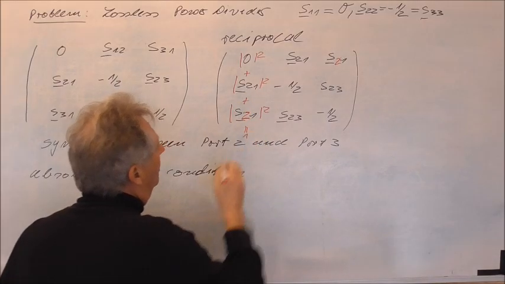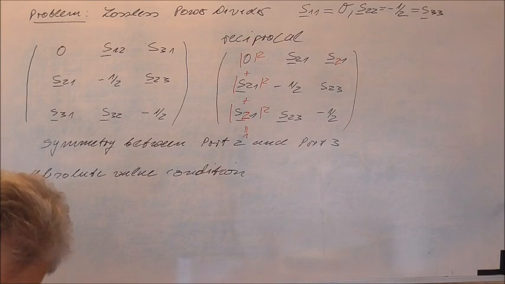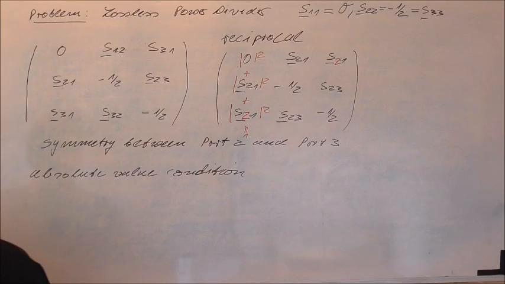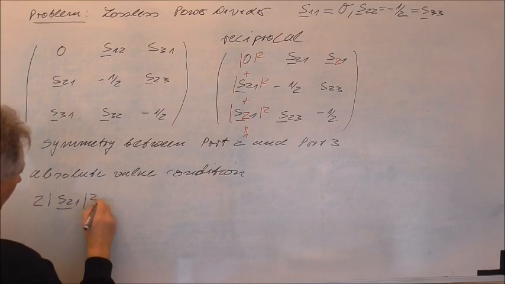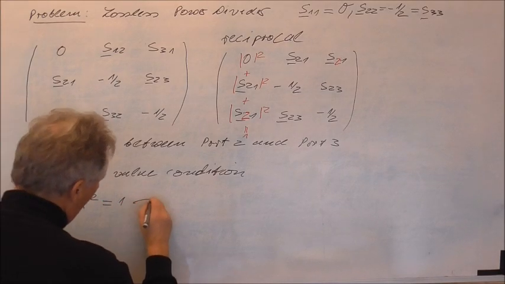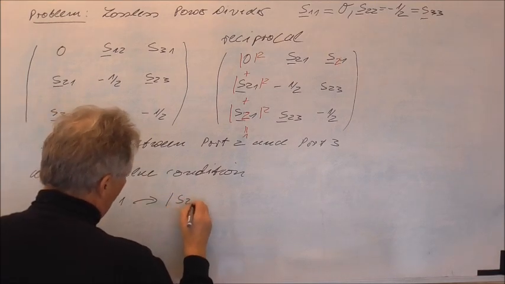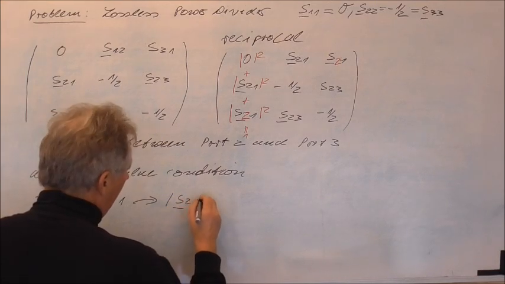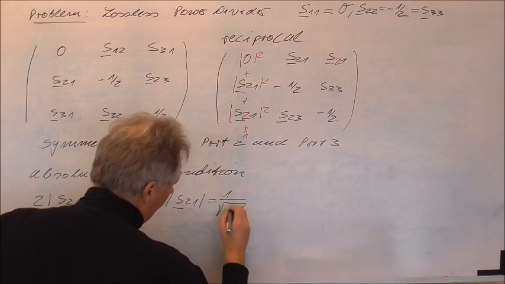This must be 1. And from this you see that 2 times the absolute value of S21 squared must be 1, and from this we find that the absolute value of S12 must be equal to 1 over the square root of 2.